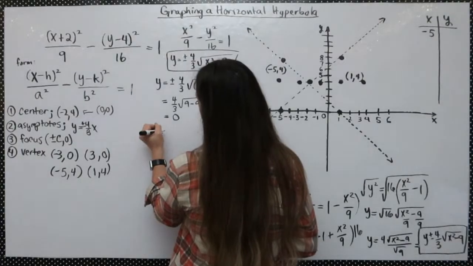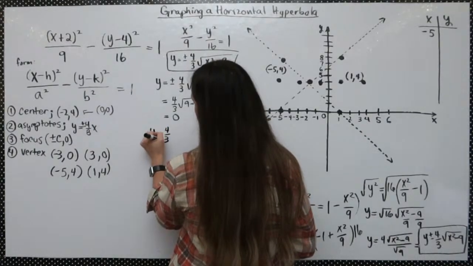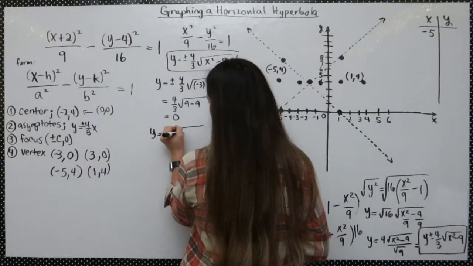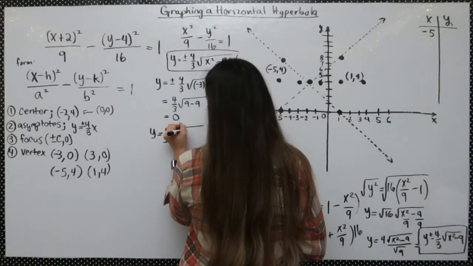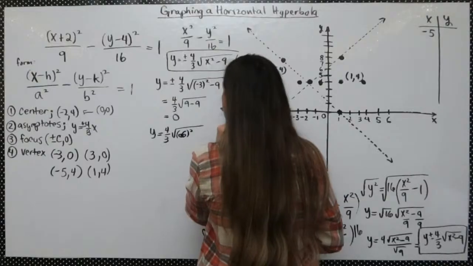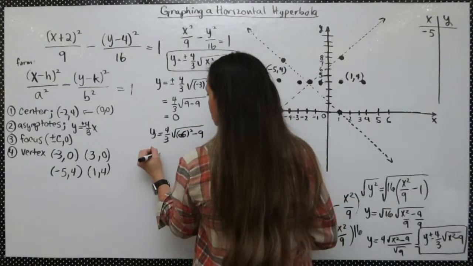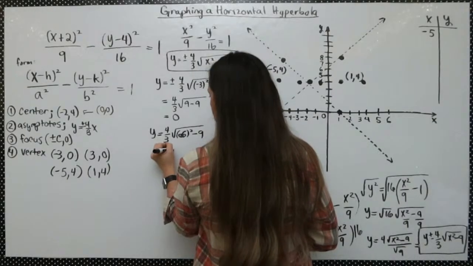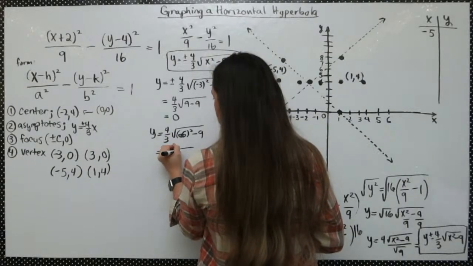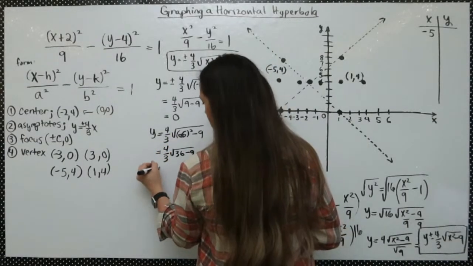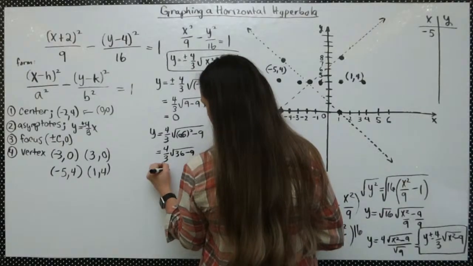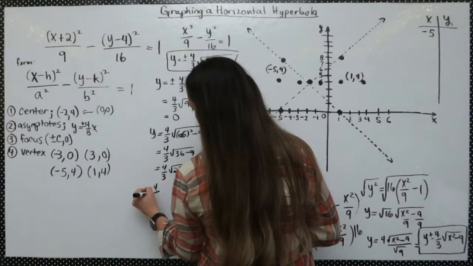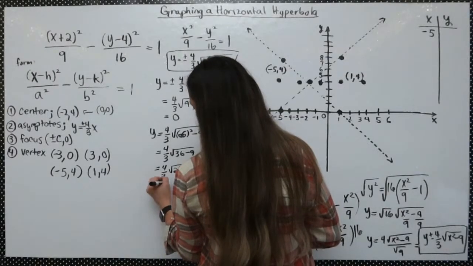Y equals 4/3 times the square root of -6 squared minus 9. So that's going to be 4/3 times the square root of 36 minus 9. 4/3 times the square root of 25. 4/3 times 5.